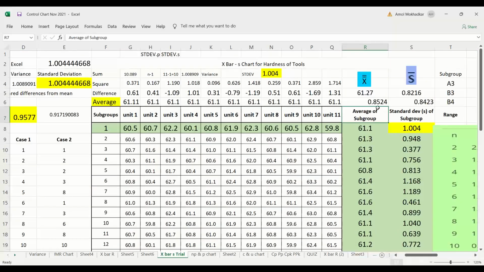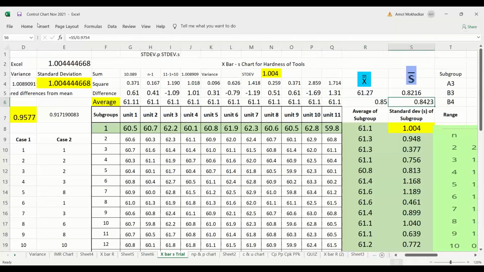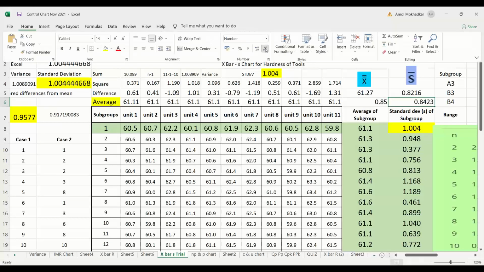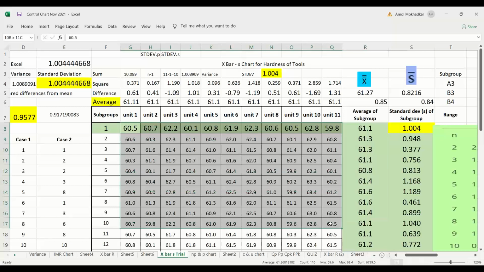You see the entire standard deviation value is more here. It is 0.85, whereas here it is 0.83, because that was within subgroup, whereas this is entire. So the entire value is a little bit higher in this case. It means you are not just calculating the within subgroup, you are calculating the overall, considering all the data points.